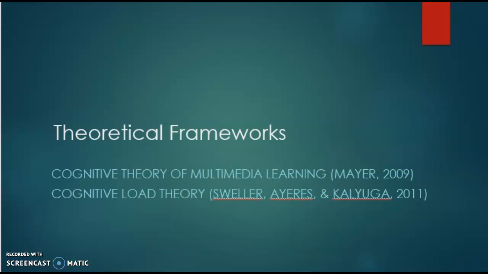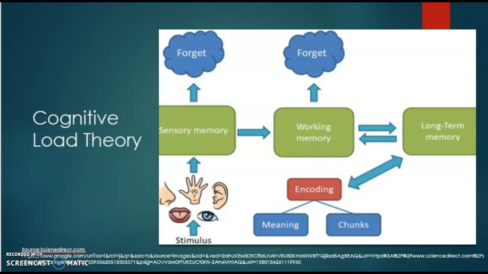There were two theoretical frameworks that I found in most of the emotional design research studies. They were the cognitive theory of multimedia learning and the cognitive load theory. According to the cognitive load theory, cognitive processing within working memory of limited capacity uses knowledge activated from long-term memory of unlimited capacity.